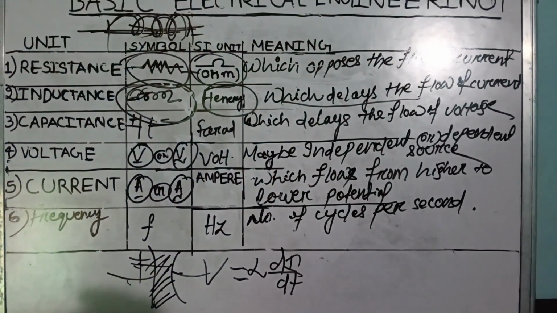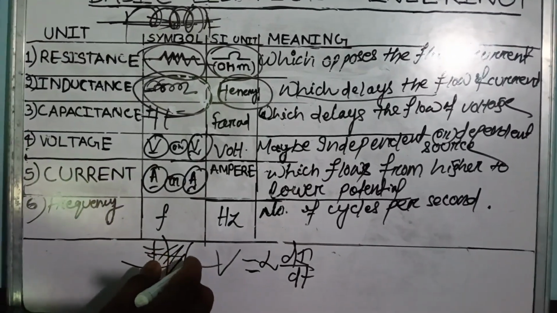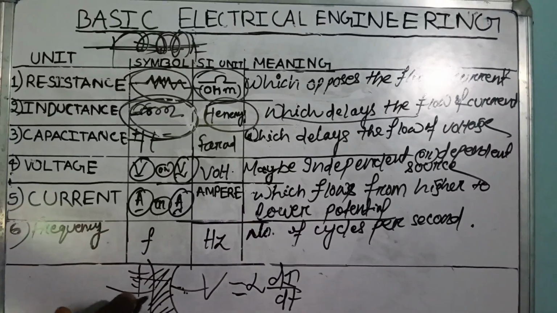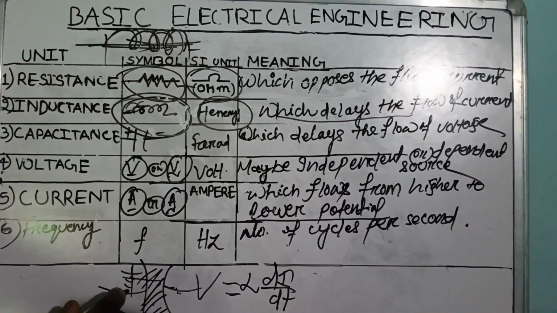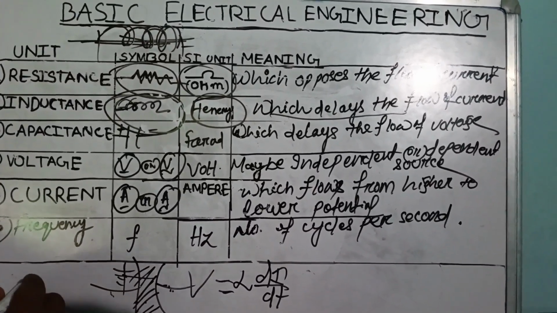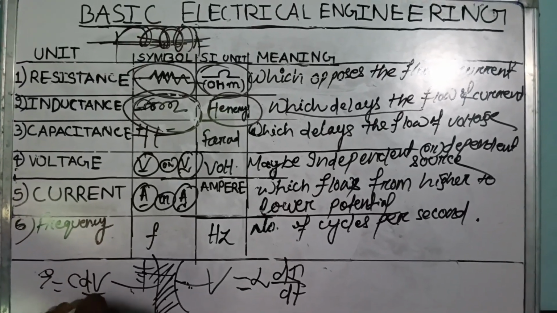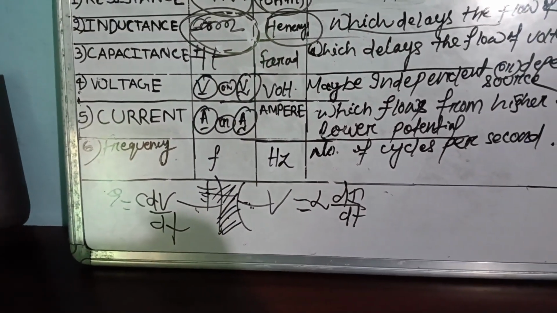So there must be a medium or dielectric between these two plates to insulate them. Capacitance is used to restrict the change in voltage, that is I equals C dV by dt, and the unit of capacitance is farad.